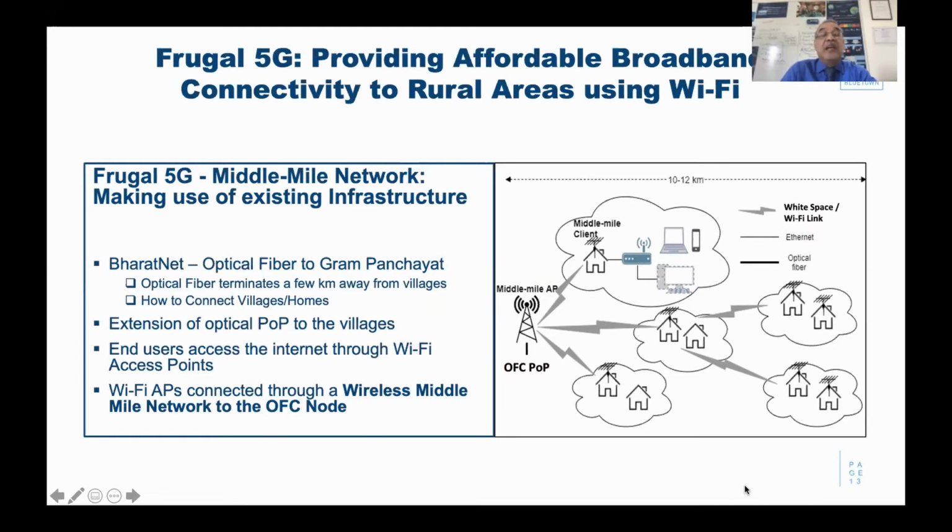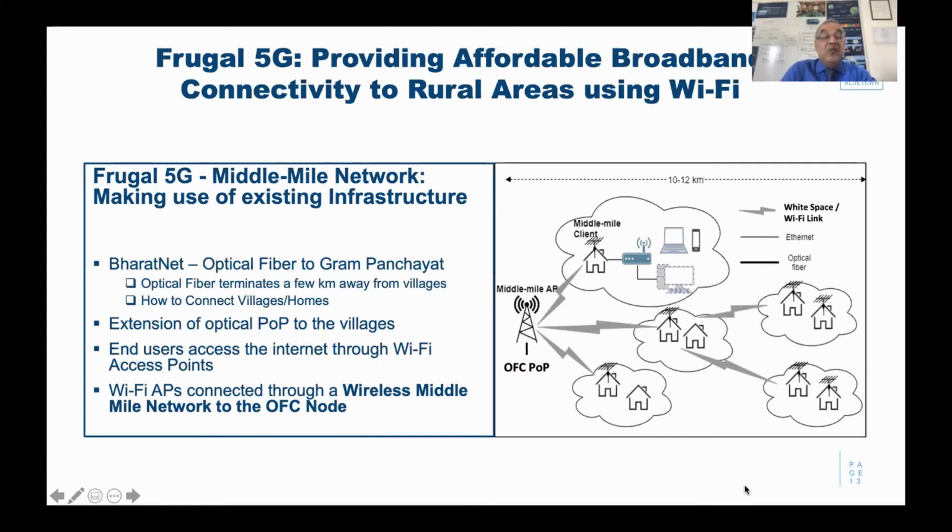So you make use of the existing backhaul which is required for 2G and 3G, and then you extend that backhaul from the optical point of presence to the villages through the middle mile, which will predominantly be wireless. It can be on Wi-Fi 6 now in the 5 gigahertz band, or on white space, or it can also be on optical fiber, but aerial maybe.